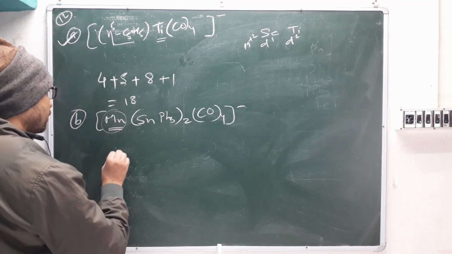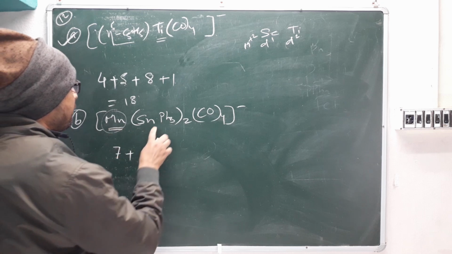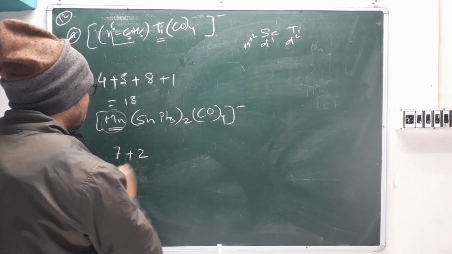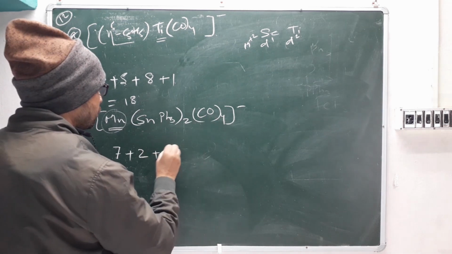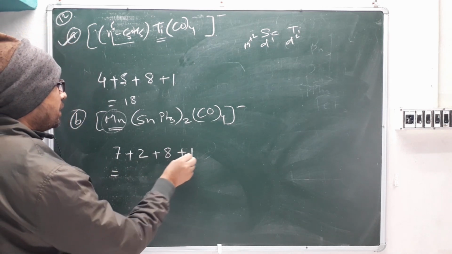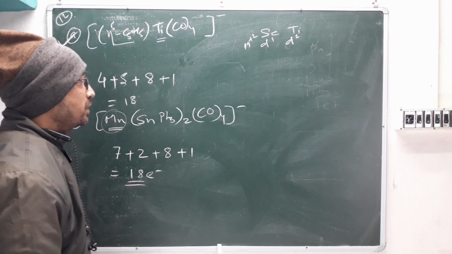The total valence electron will be 7. So 7 plus, from here how many electrons will it contribute? 2 electrons. Here it will be 4 into 2, 8 electrons, and 1 electron you just add. 7 to 9, and 8 and 9, 18 electrons. So here also it is obeying the 18 electron rule.